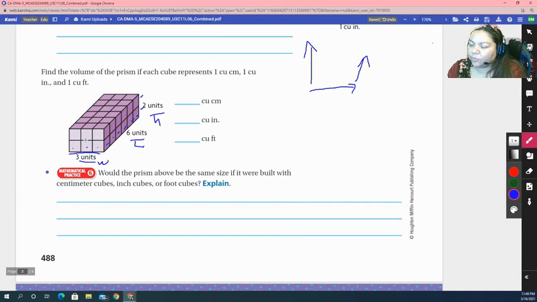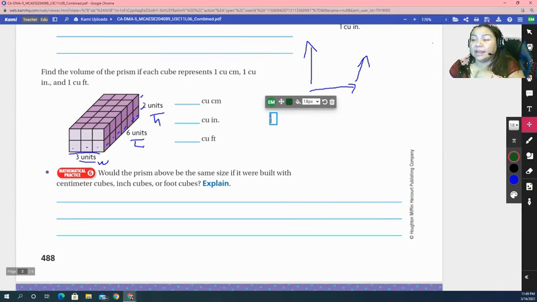One row or layer is 6 units. So I could just count by 6 for each layer. I have 2 layers because it's 2 units in height. So I could just go 6, 12, 18, 24, 30, 36. Or another way is a formula, which is what the next video is going to be about, but I'm going to give it to you now.